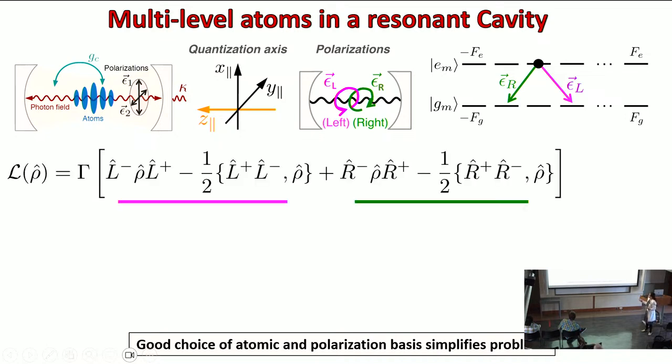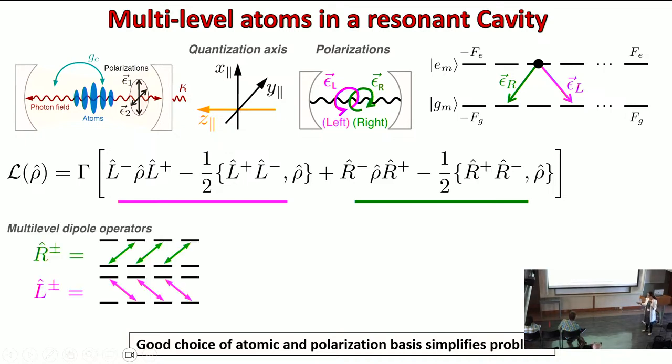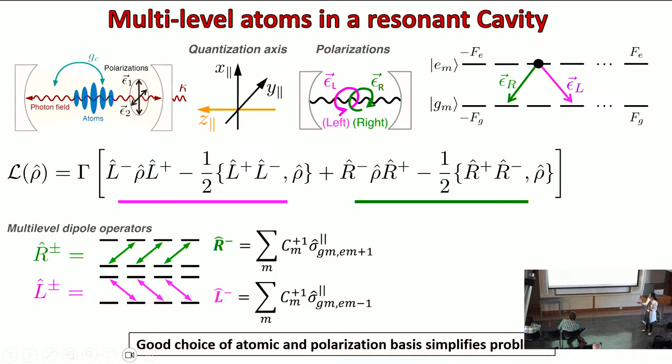And therefore, in this picture, as we did for the two-level atoms, we can write a Liouvillian master equation where we now have, instead of one jump operator, two jump operators, the right and the left. They correspond to the sum of all possible decay channels, for example, for the right polarization, that couple states between m and m plus 1, or in the case of the left polarization, between m and m minus 1.